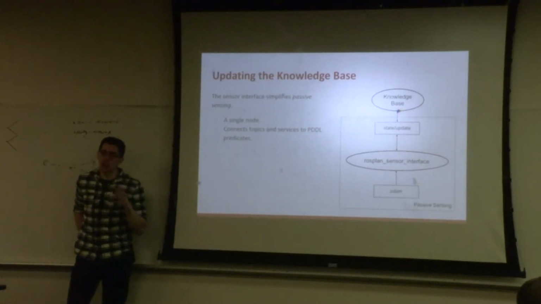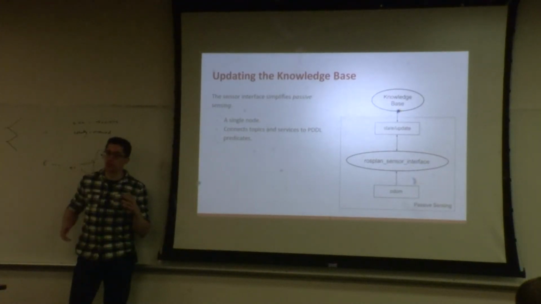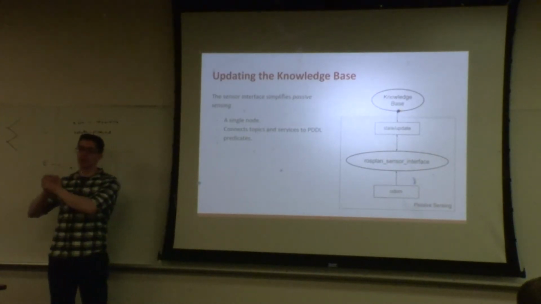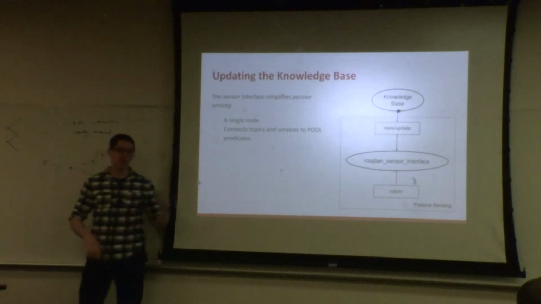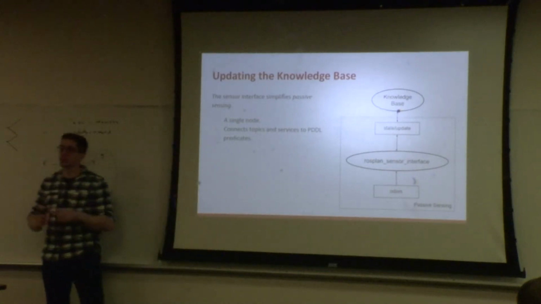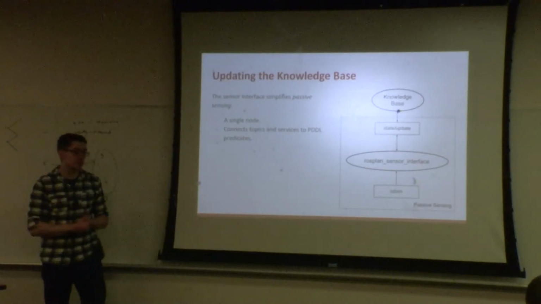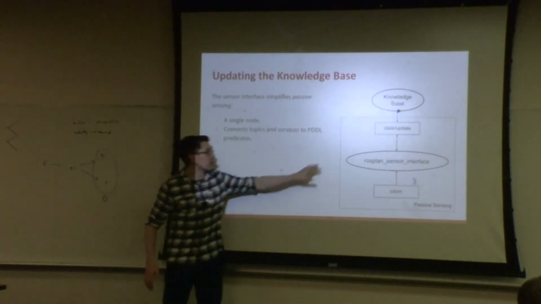Differently from the action interface, which has a single node connecting each PDDL action to its low-level control, the sensing interface consists only of a single node which can subscribe to many different sensor streams and call the knowledge base itself. So you only need to run one sensor interface node.